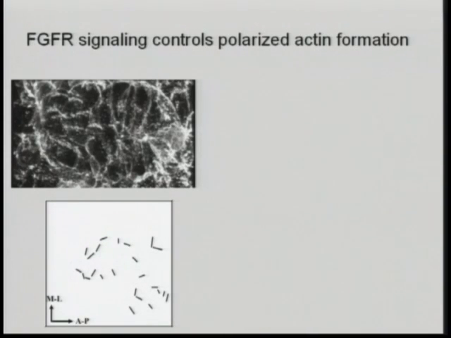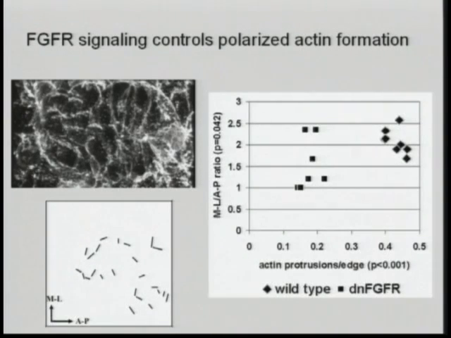If I plot these protrusions or actin stainings along the medial lateral and anterior posterior axes and count their orientation and number, you see a trend. In wild-type embryos, you have an average of 0.5 protrusions per cell boundary. And they are twice as likely to orient within 45 degrees of the medial lateral axis versus the anterior posterior axis, suggesting these protrusions are actually oriented and polarized.